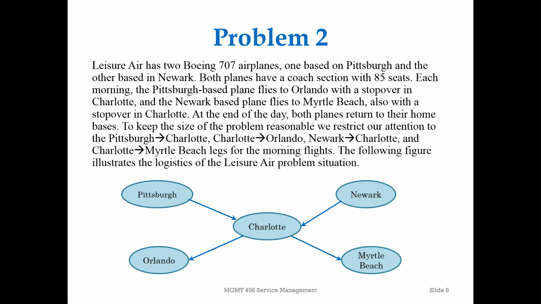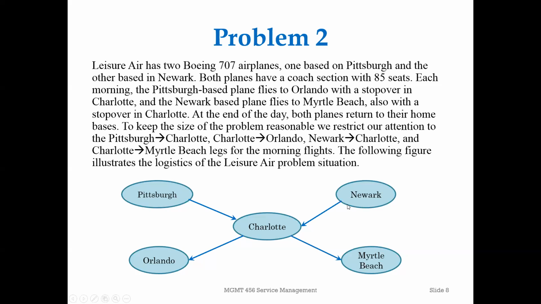So how many OD pairs do we have? With 4 flights, how many OD pairs can we serve? If you enumerate, you can see we have 8 possible OD pairs. First, you can go from Pittsburgh to Charlotte, a direct flight. Second, you can go from Pittsburgh to Myrtle Beach, connecting at Charlotte. Third, you can go from Pittsburgh to Orlando, connecting at Charlotte.